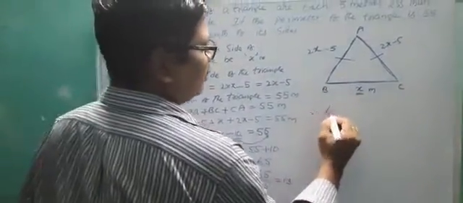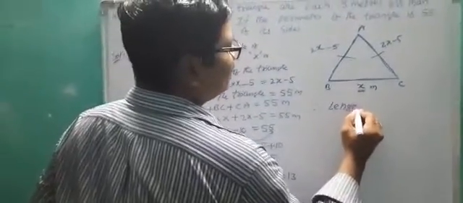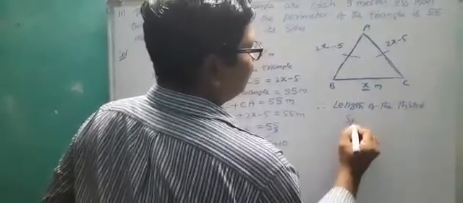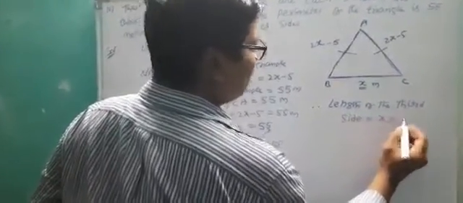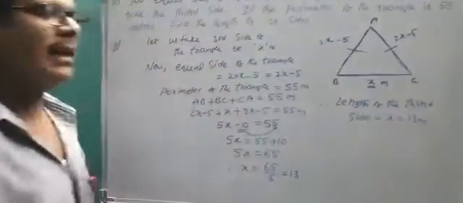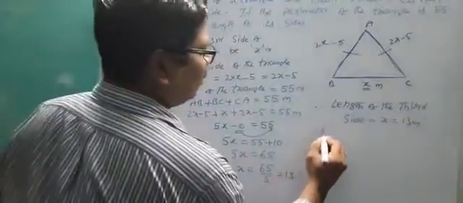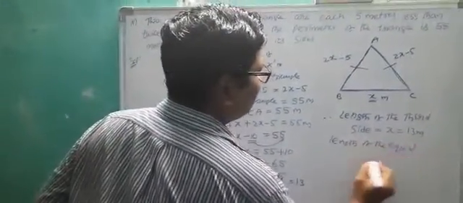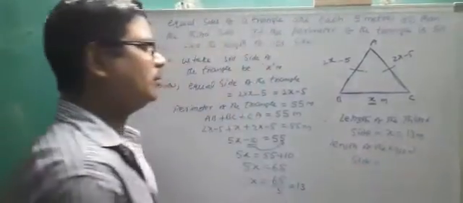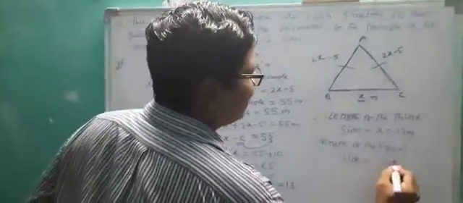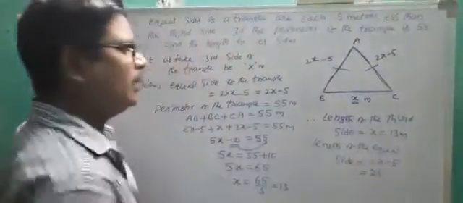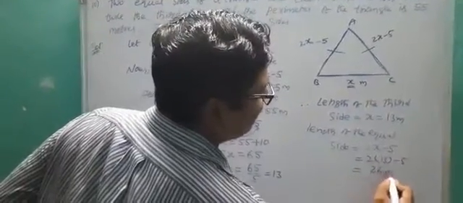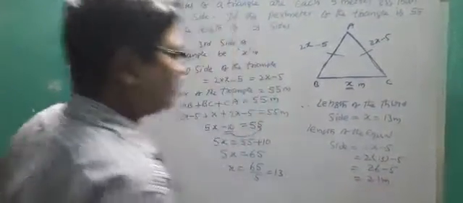Therefore the length of the third side is equal to x, which is 13 meters. The length of the equal side is 2x minus 5, that is 2 into 13, which is 26, minus 5, equal to 21.